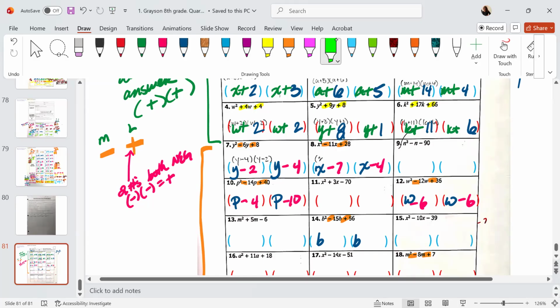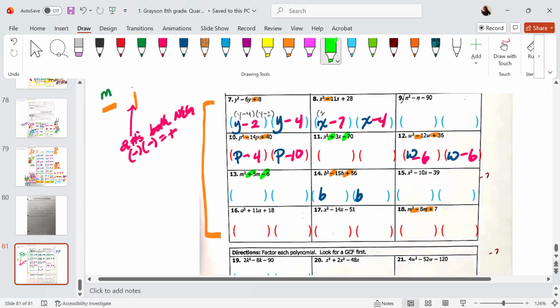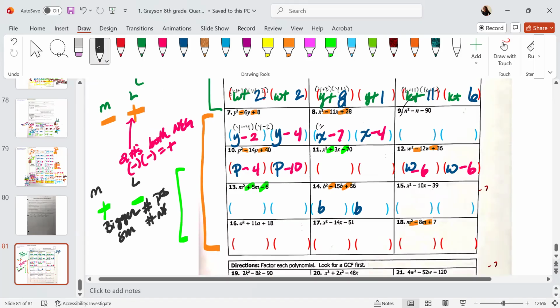Next one. Instead of minus plus, you have plus minus. There are 2 plus minuses, right? When you have a plus and a minus, remember this is your middle number, this is your last number, right? You have to have the bigger number be positive, and the smaller number be negative.